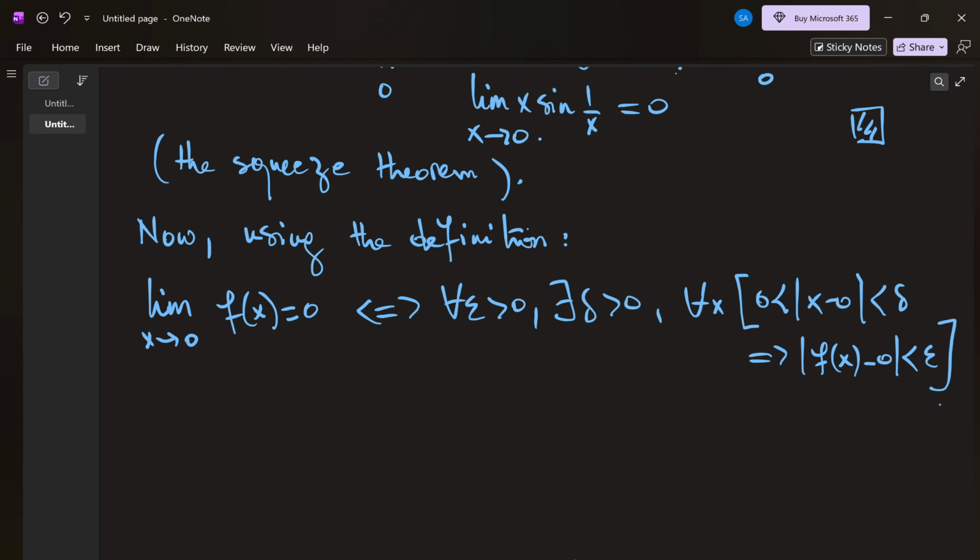So how to do this? This is very easy. So let epsilon be a positive number.